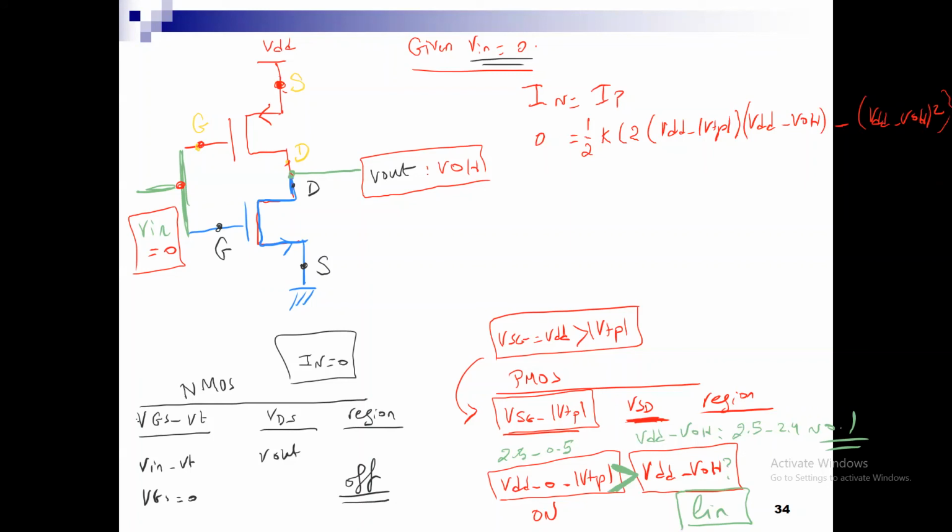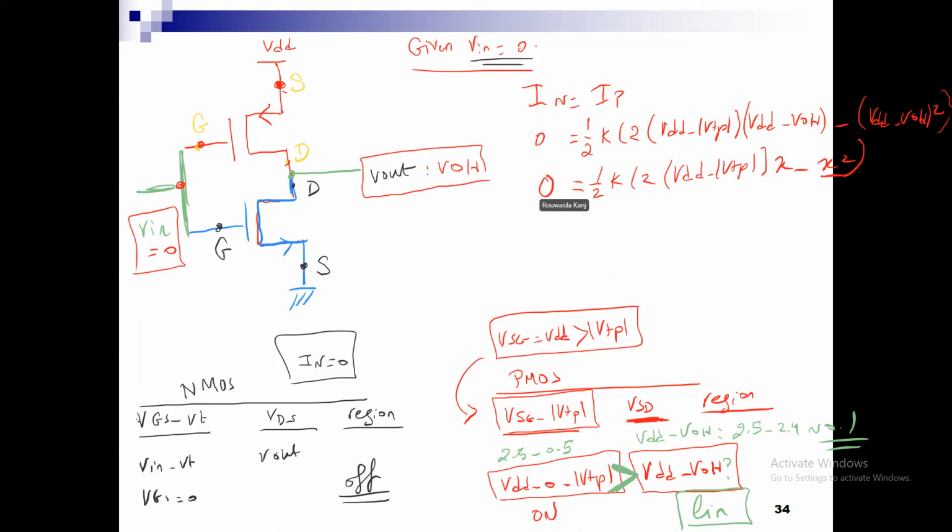So this is the current. My current is of the form half K times 2 times (VDD minus the magnitude of VTP) times X minus X squared, and this quantity is 0.